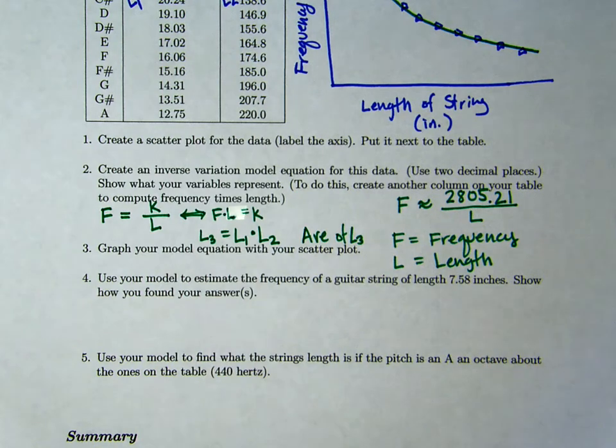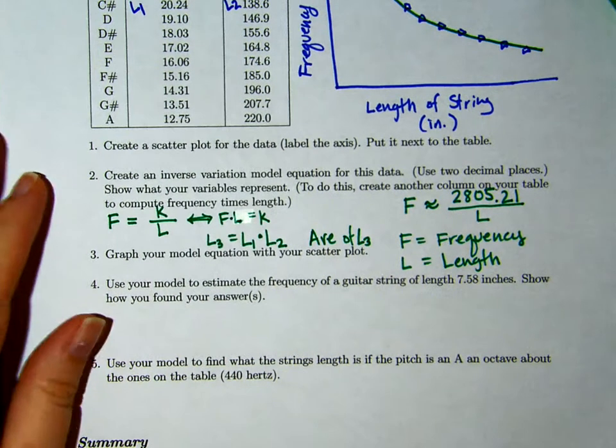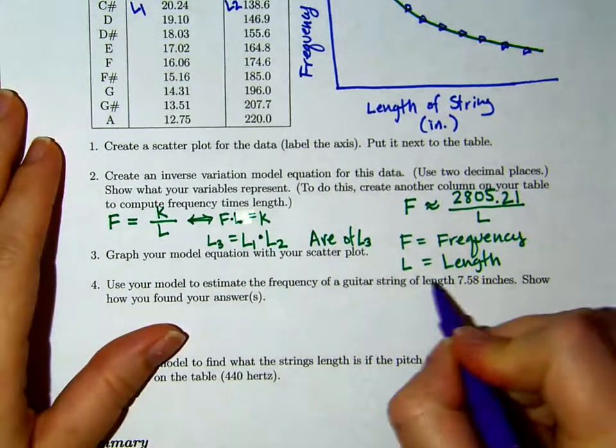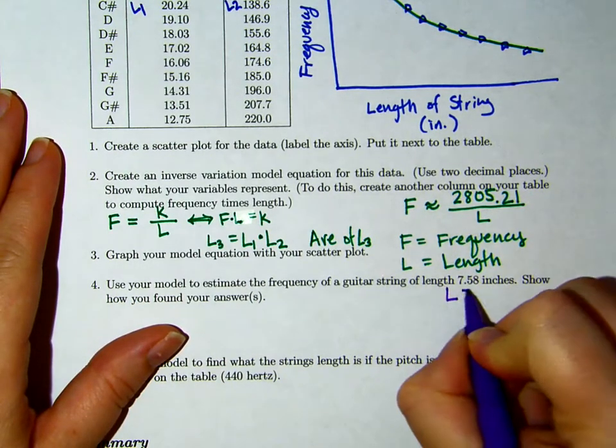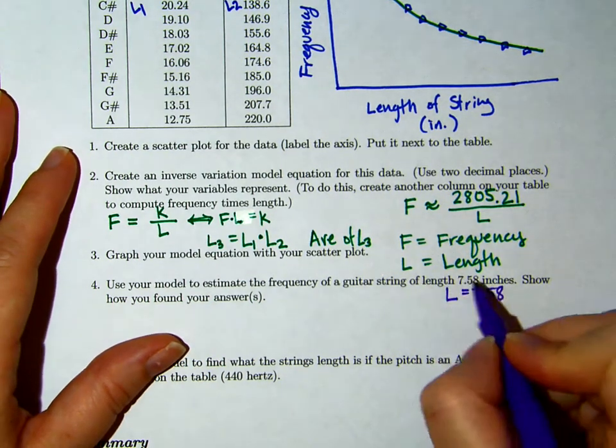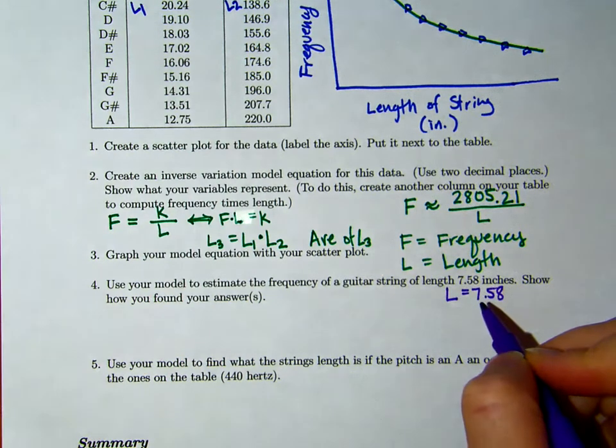Use your model to estimate the frequency of a guitar string length of 7.58 inches. Now when I think about this, I even think about pianos, right? Nonetheless, I'm labeling this with the correct amount this time because last time that got me in trouble. The length is 7.58.